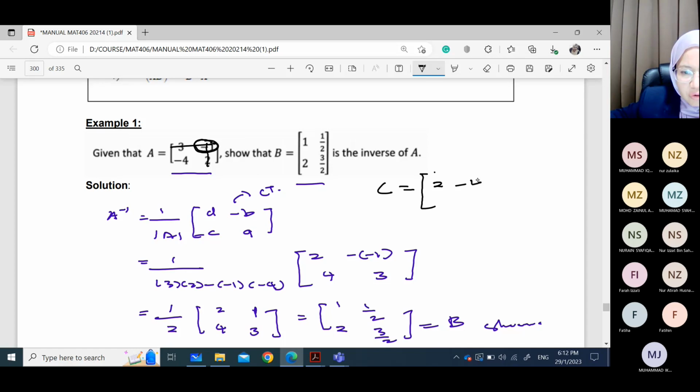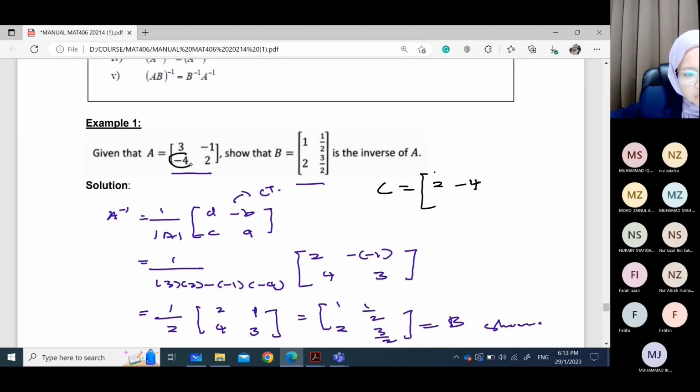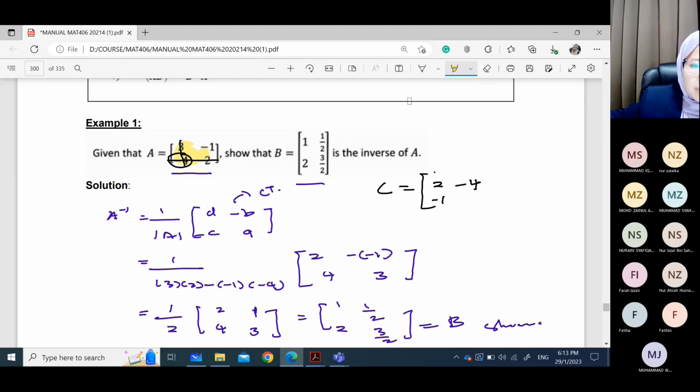Then we have negative 4. Next, kalau kita nak cari untuk C21, so C21 location dia is the second row, first column. So kita eliminate for first column and the second row. So here we have negative 1. So kalau kita nak dapatkan yang seterusnya, iaitu the last one, which is C22, kita eliminate for A22. Yang ini, eliminate for second row and the second column.